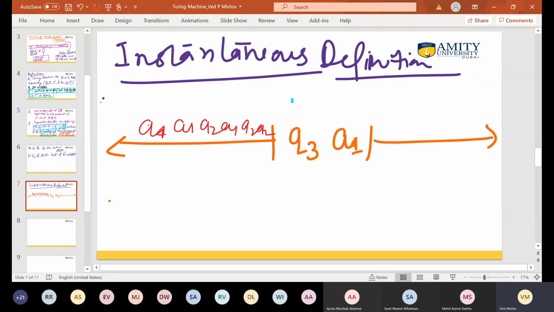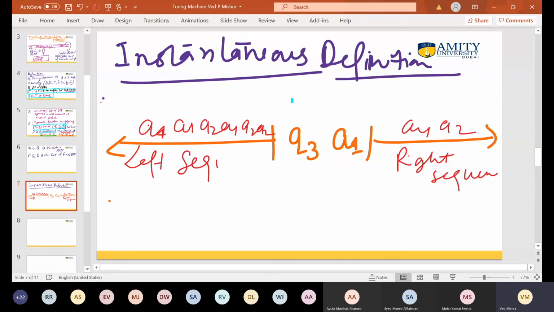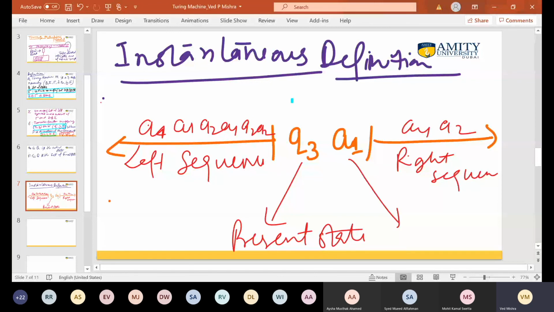Suppose that your left sequence is this, and A4, A2 is your right sequence. So here you can see the right sequence, and this you can see the left sequence. This you can say is the present state, and this you can say is the symbol under the read write head.